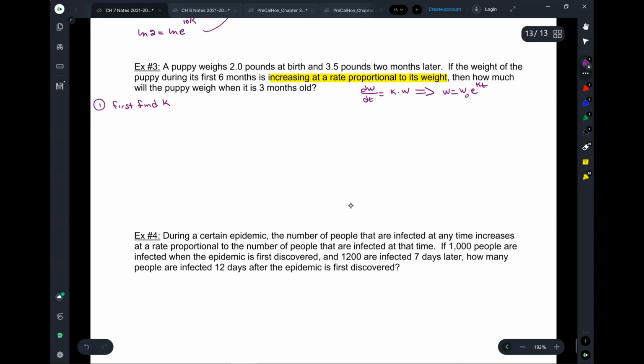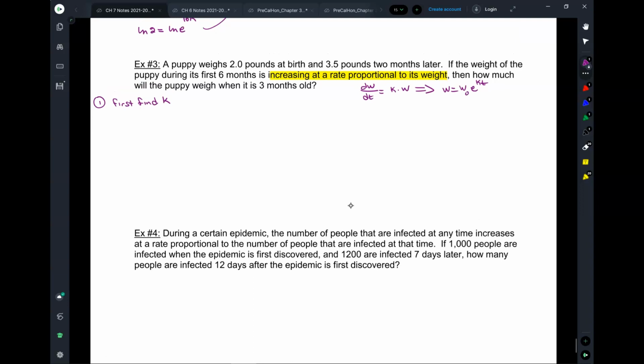Okay, so a puppy weighs 2.0 pounds at birth. That means when t is 0, W is 2.0, which also means this is W naught. 3.5 pounds 2 months later means when t is 2, W is 3.5. So let's go ahead and put those in here.